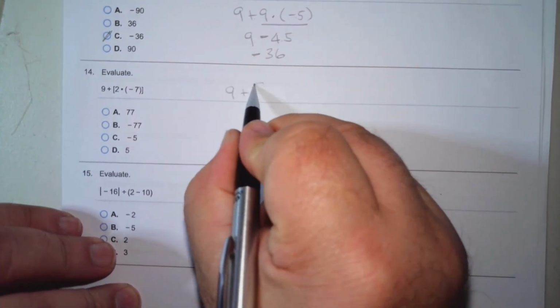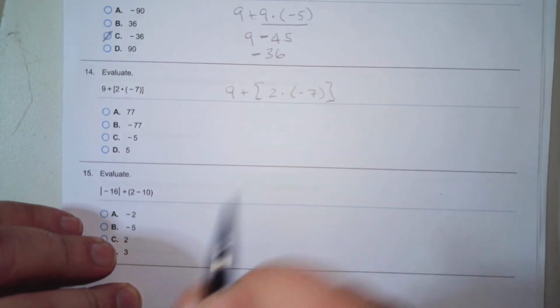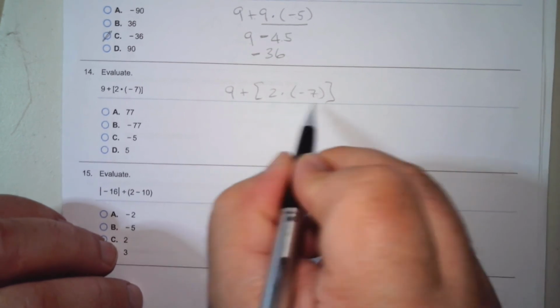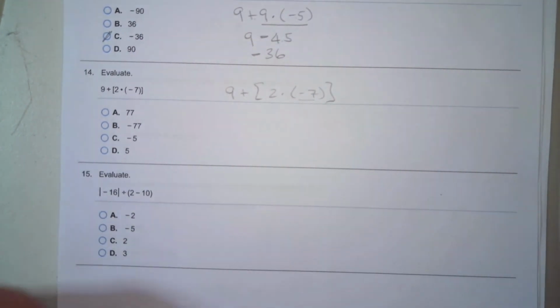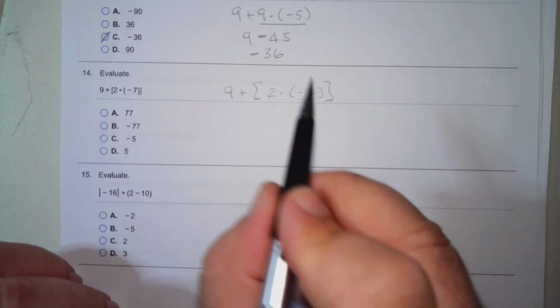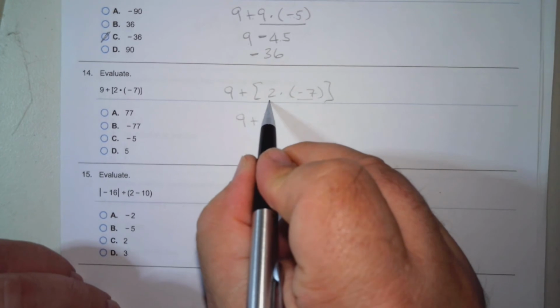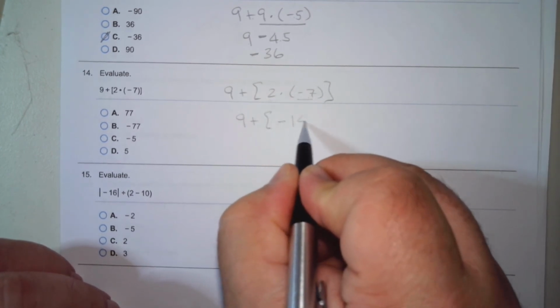9 plus bracket 2 times negative 7, close bracket. We have to do inside the brackets first. We can't do anything inside there because all it is is a negative 7. So 2 positive times negative is negative. 2 times 7 is 14.